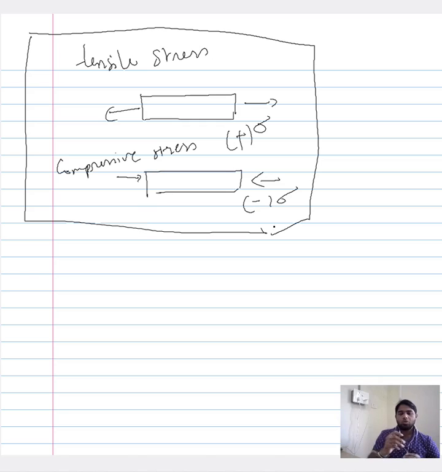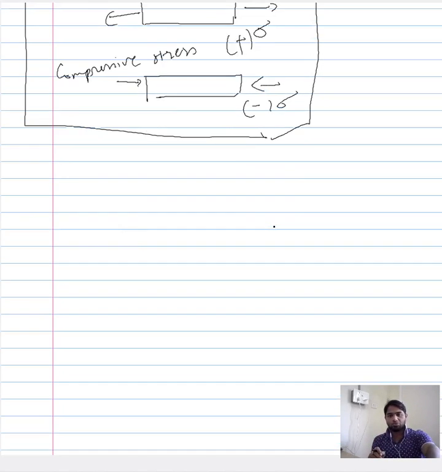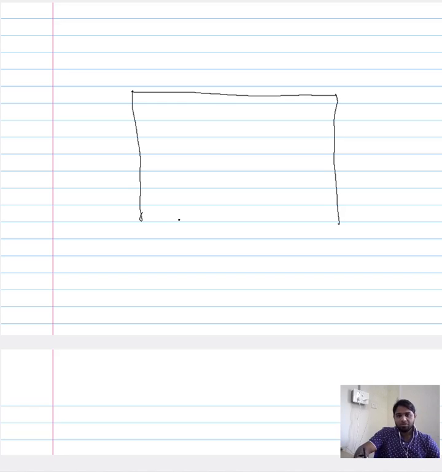Now what we need is a similar convention for shear stresses. The shear stress convention is again defined using a stress square, but now we have to consider the different quadrants.